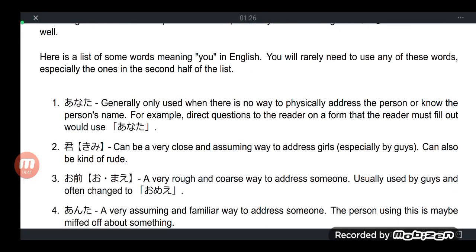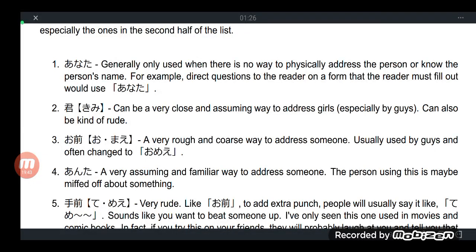Okay, here is the list of pronouns. Anata. This is a way to directly address a person whose name you don't know. For example, direct questions to the reader in a form that the reader must fill out would use anata.